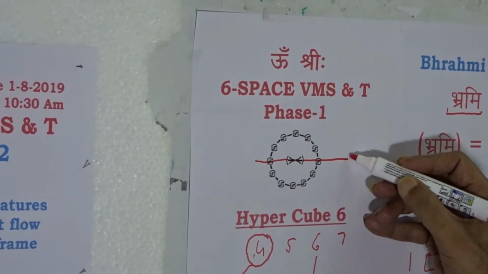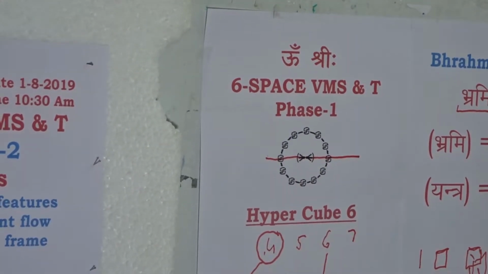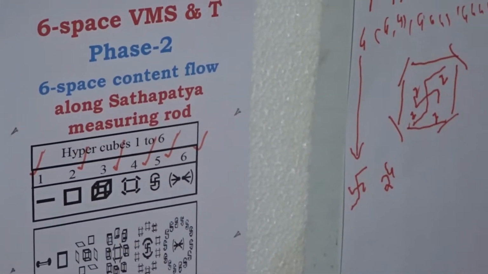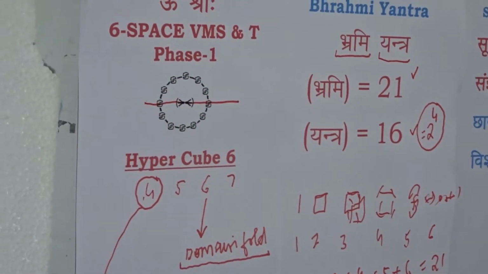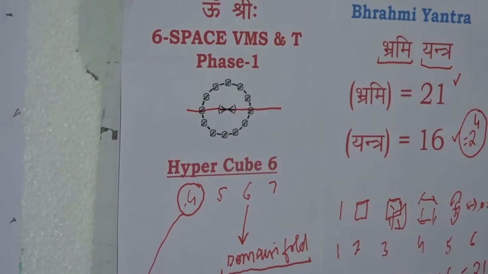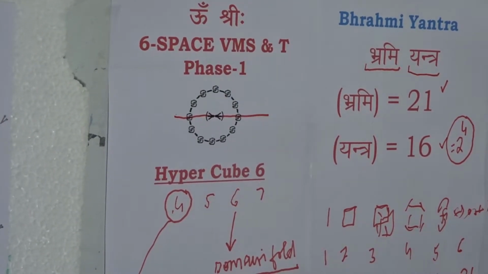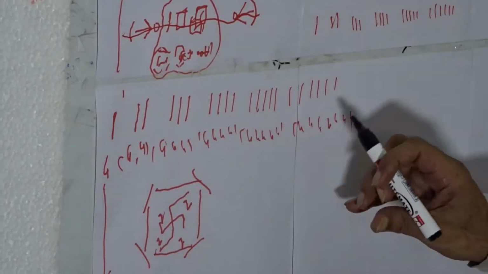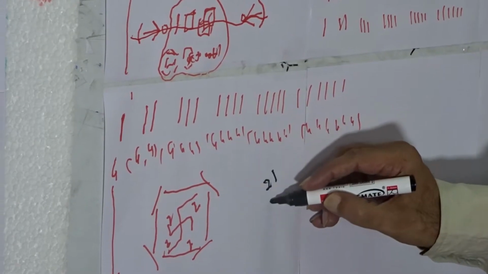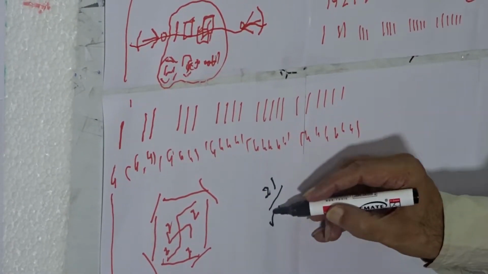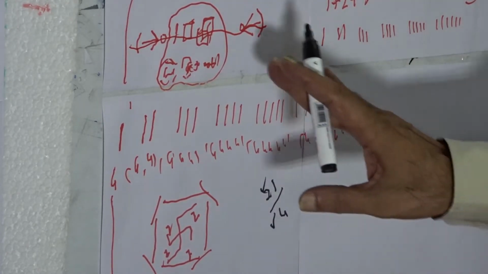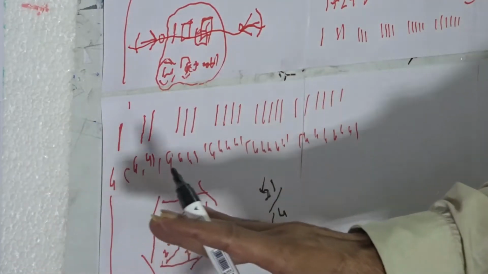Further, 6 space has 4 space in the role of a dimension. As such, the format of a Sthapatya Meyring rod takes us to as many as 21 creative dimensions. 4 space as a dimension and 21 dimensions in all will be available to us along this format of a Sthapatya Meyring rod.